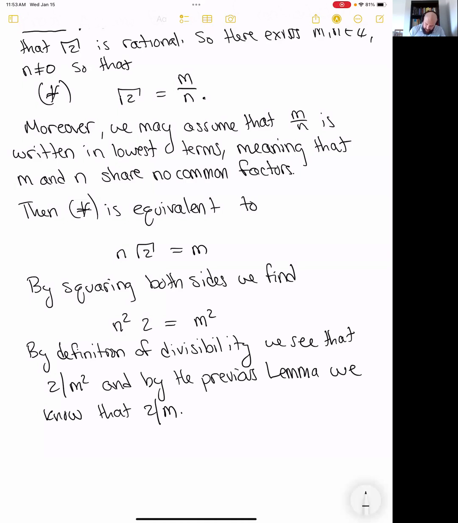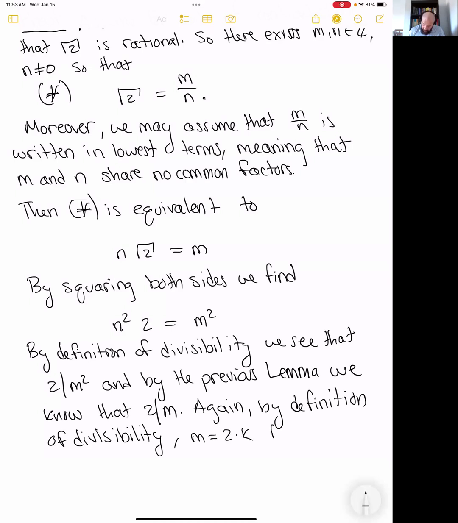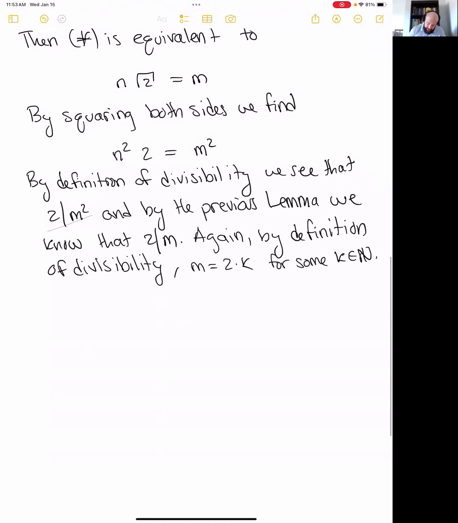So then, again, by definition of divisibility, m is equal to 2 times k for some k in the natural numbers. Okay, great.